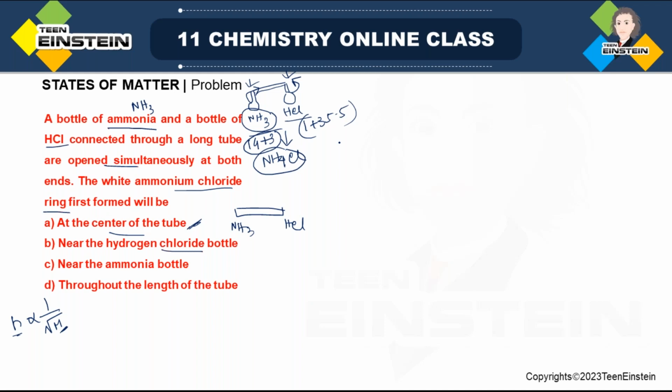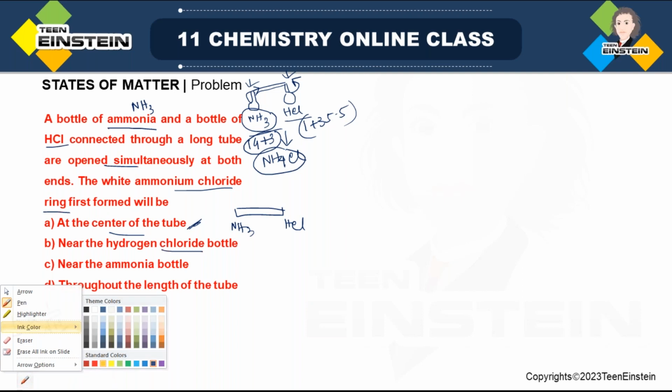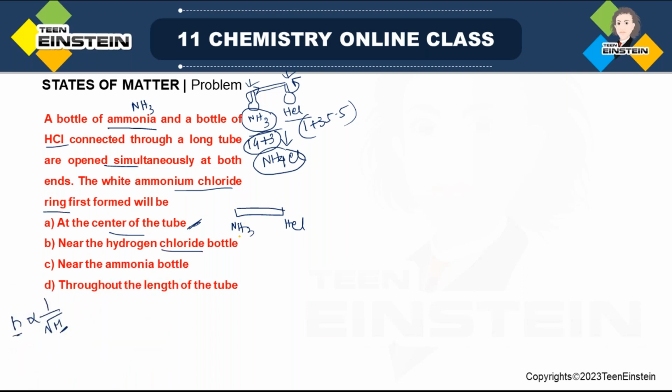Okay. Now if that is true, let me use another color. Suppose you have just opened the two caps, and when ammonia reaches a distance, at the same time HCl cannot reach the same distance because its rate is lower.